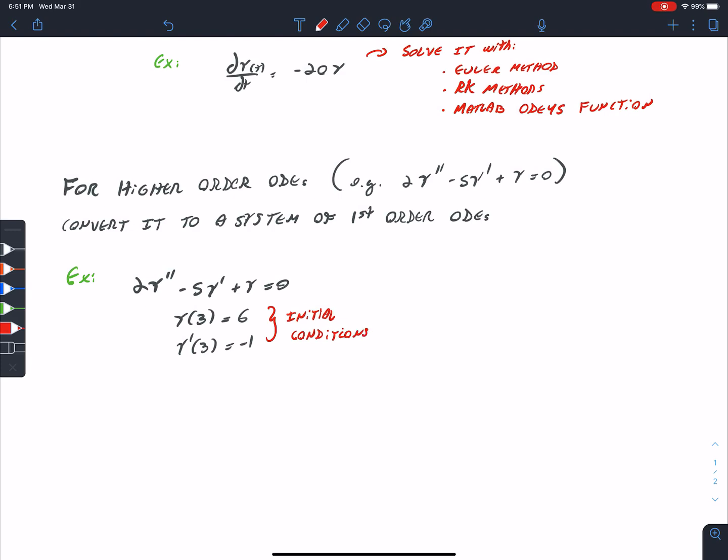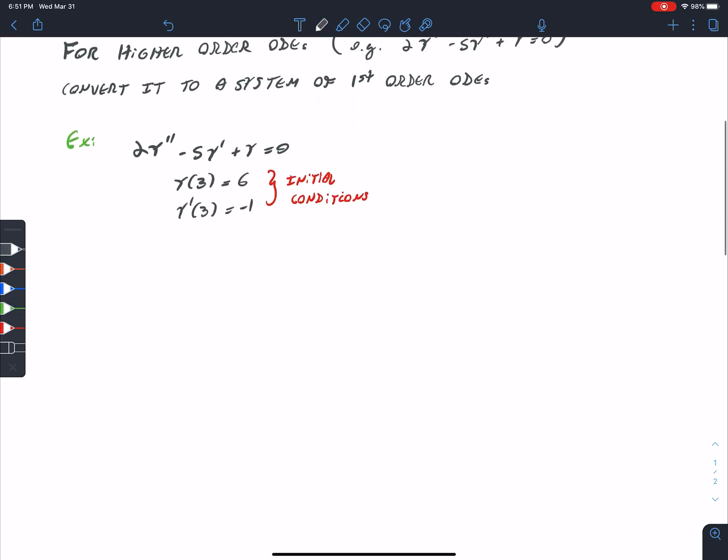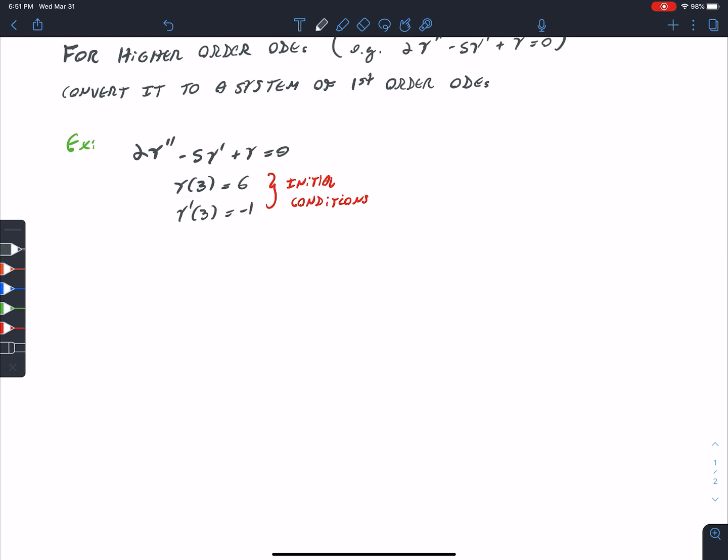So let's look at the technique of changing these variables or calling them something slightly different. For example, let's call x1 of t, let's call that y of t. And let's call this other variable x2 of t, let's call this y prime of t.